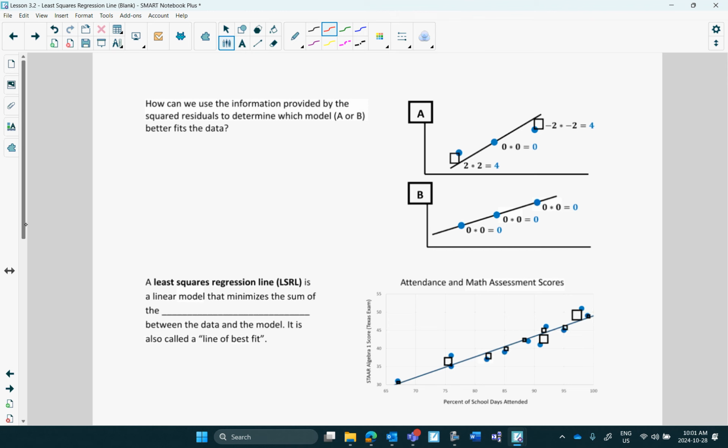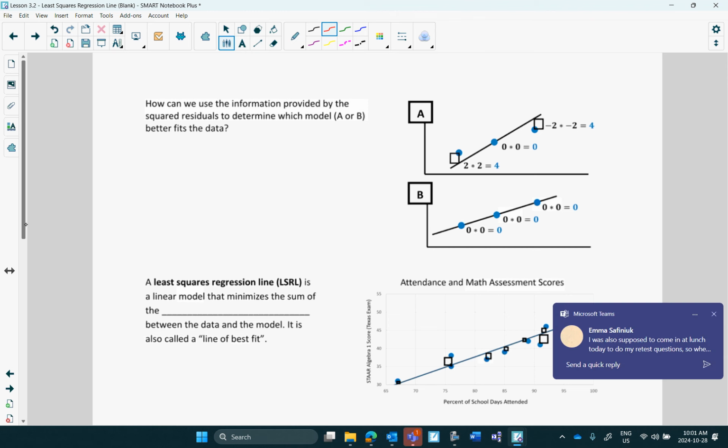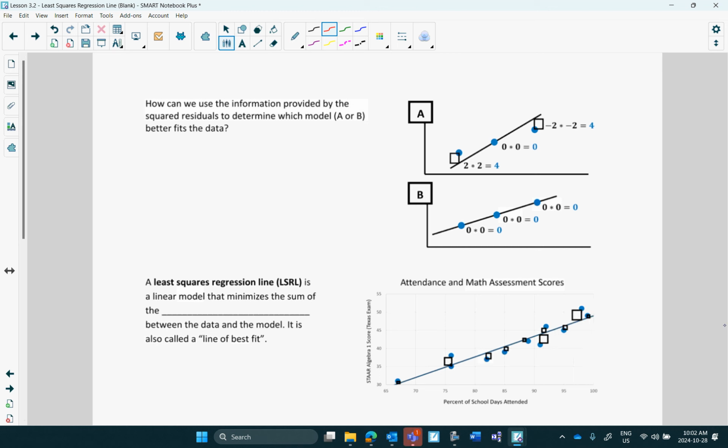Whereas if I just tilted it a bit so that it went through all 3, I can see that I can actually draw a line through all 3. And notice what the sum of the residual squared is now. It's 0.